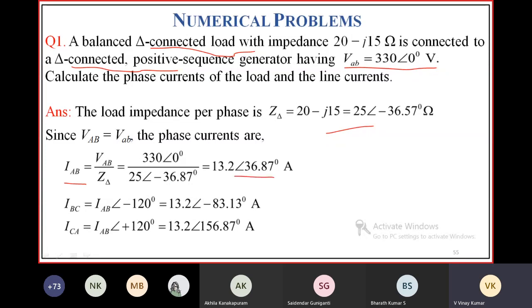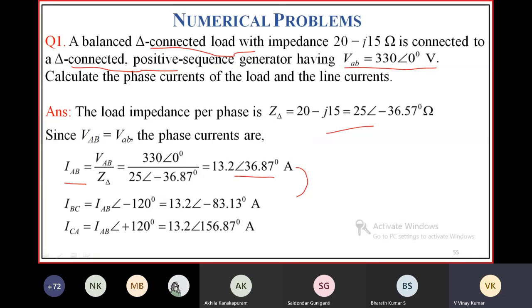Okay, after getting this, you add minus 120 degrees, that is IAB at an angle minus 120 degrees. Minus 36.87 minus 120 degrees, you will get minus 156.87 degrees.